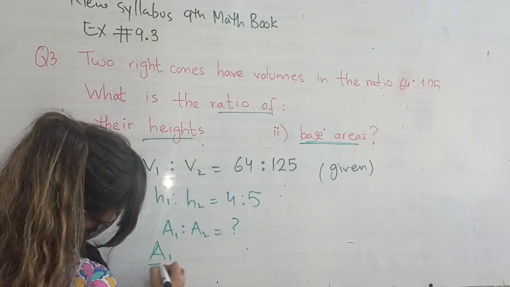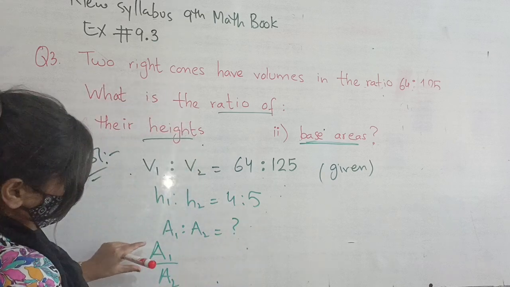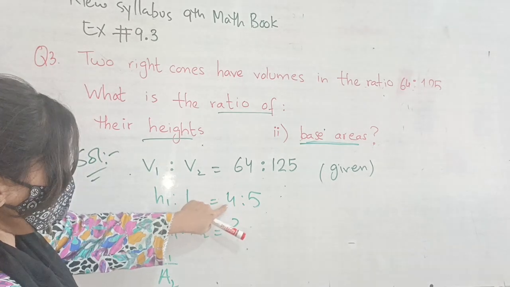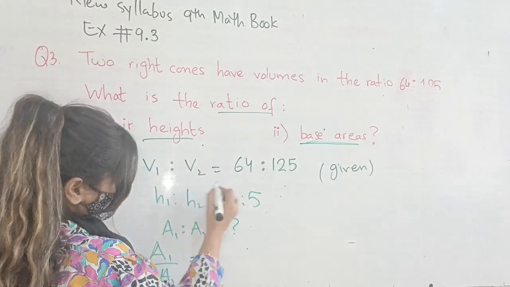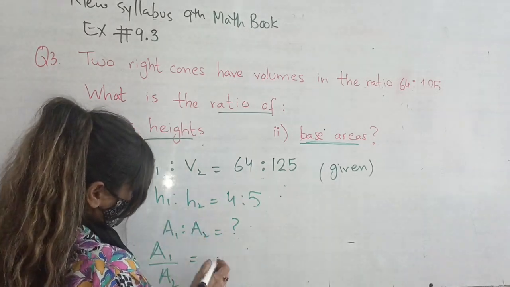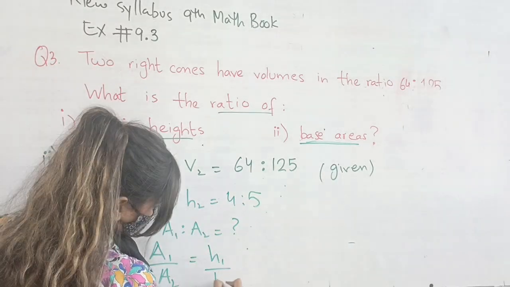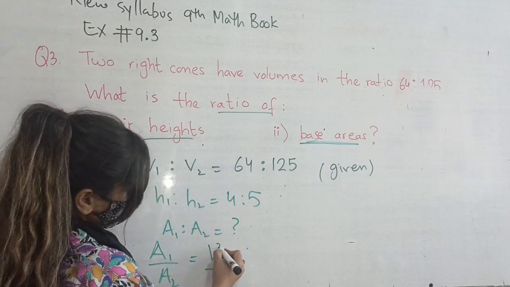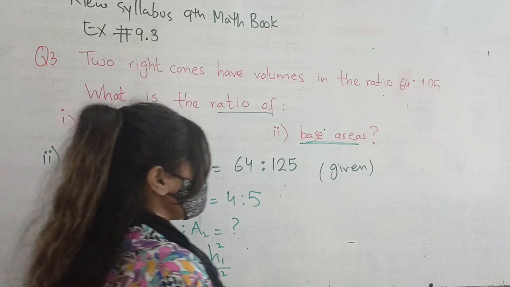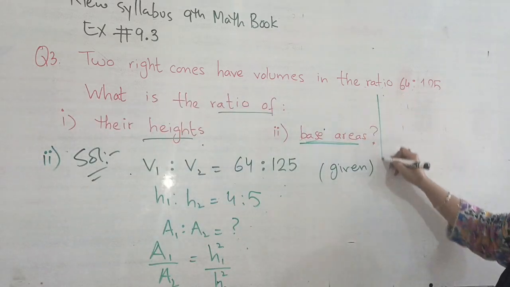Now what is the ratio of the corresponding sides with area? We will take these two sides instead of volume. We have to take the sides H1 over H2. Now when area comes, then we have to take the square of the sides.